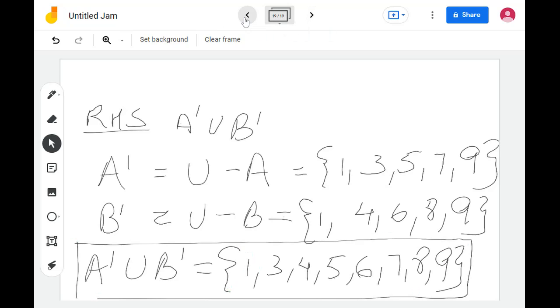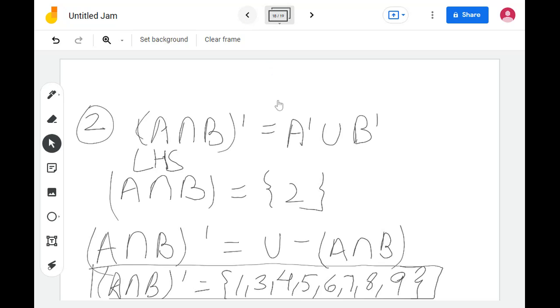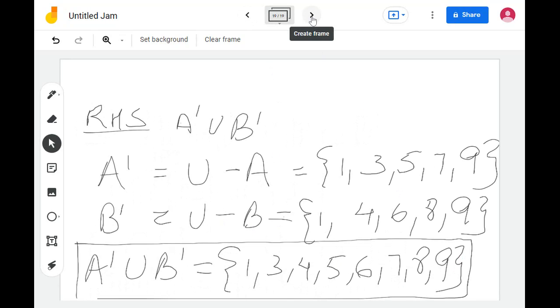Now our LHS is what? Our LHS is this, 1, 3, 4, 5, 6, 7, 8, 9. And what we get in our RHS is 1, 3, 4, 5, 6, 7, 8, 9. Both are the same.